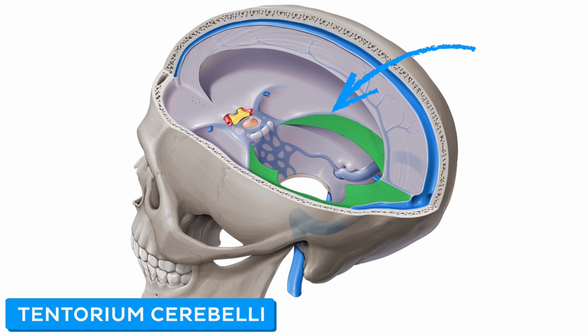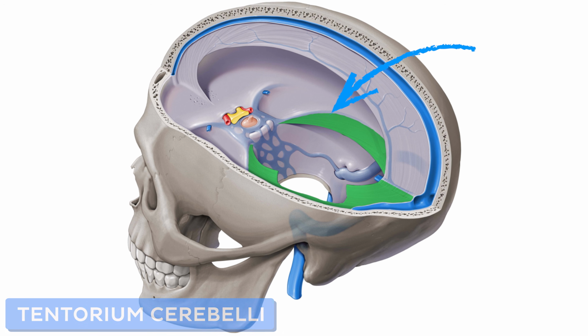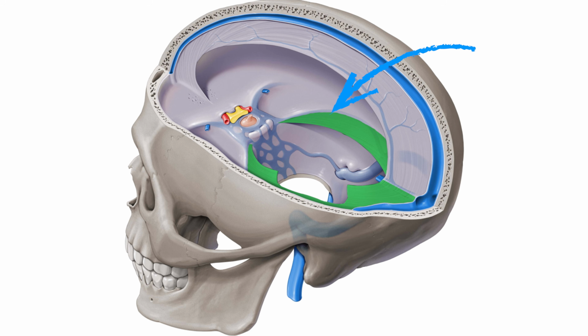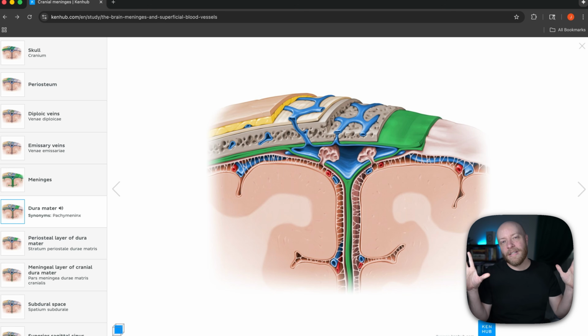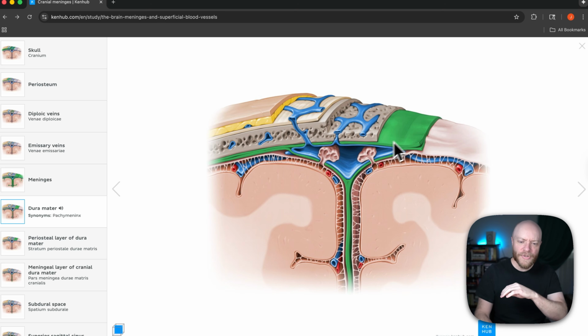And it does the same thing to separate the cerebellum from the cerebrum. And it also separates the hemispheres of your cerebellum as well. Again, it's a different video for another day, but you can still see that happening here.